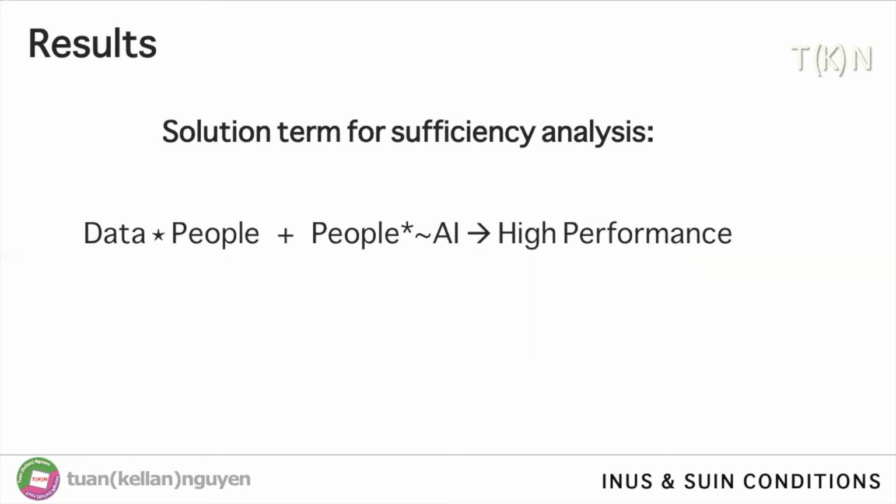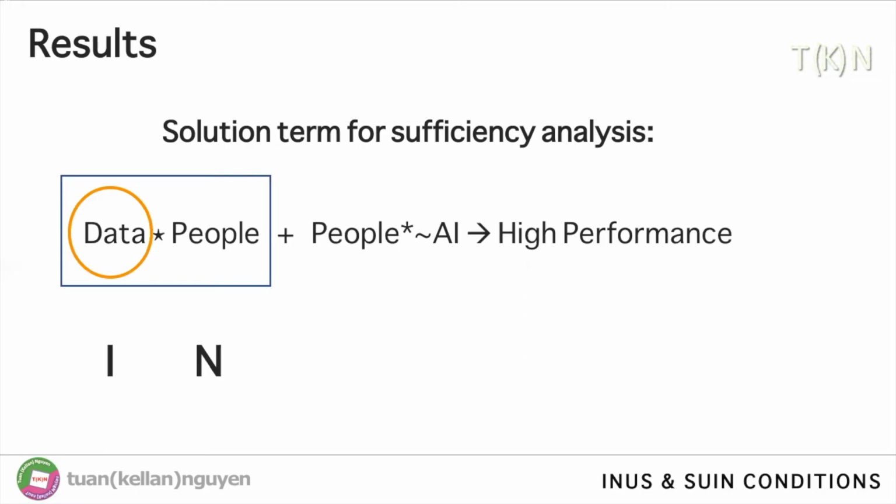We see condition data only has its effect on the outcome when it is combined with the condition people. It is therefore insufficient on its own but necessary to form a sufficient conjunction with the condition people.